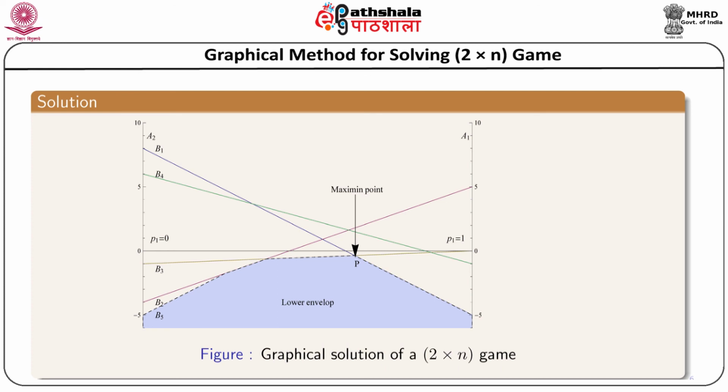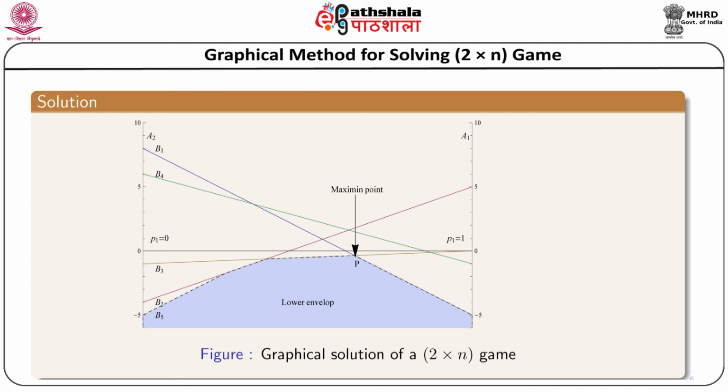And the figure shows the lower envelope by the shaded region and the maximum point as indicated in the figure by the point P, which is the intersection of the line segments B3 and B1.